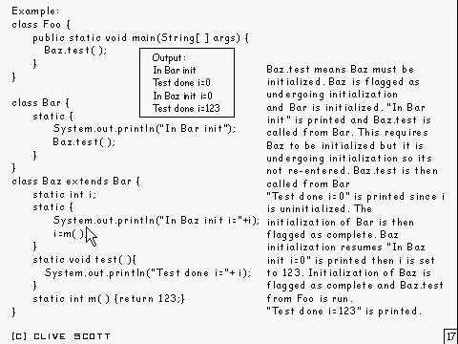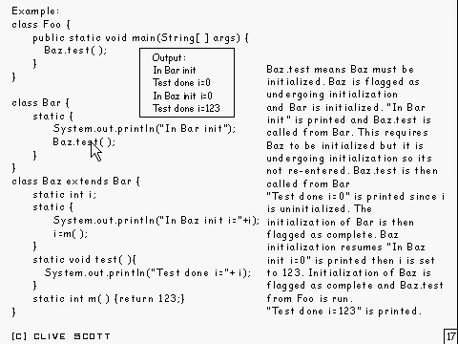So the call will just go straight ahead and call this, which will print out "test done I equals", and then the value of I, which has not been initialized yet, so it's 0. So that's why it prints out 0. And then it's going to return from that, and that's completed the initialization of Bar.